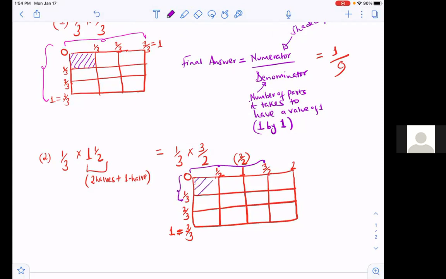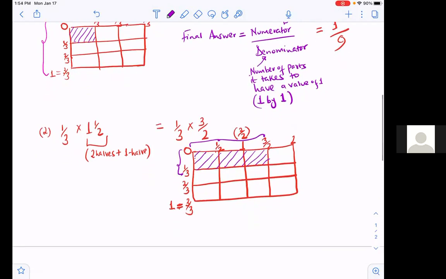So this part here, the number of parts that it takes 3 halves horizontally and 1 third vertically. That will be the numerator of our final answer. Our numerator will be 3 parts.